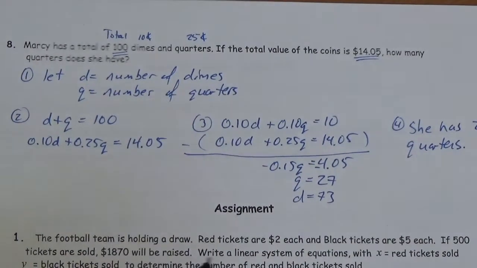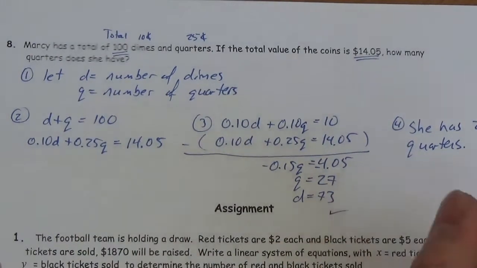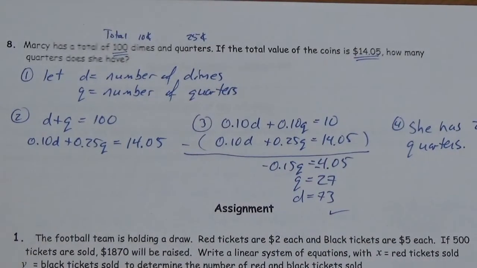Now let's just figure that out here. So 73 times 0.1 plus 27 times 0.25, as long as that equals 14.05, and it does, then I know that I'm on the right track, that I got that correct. I feel very good about my answer. But anyway, and there you go.